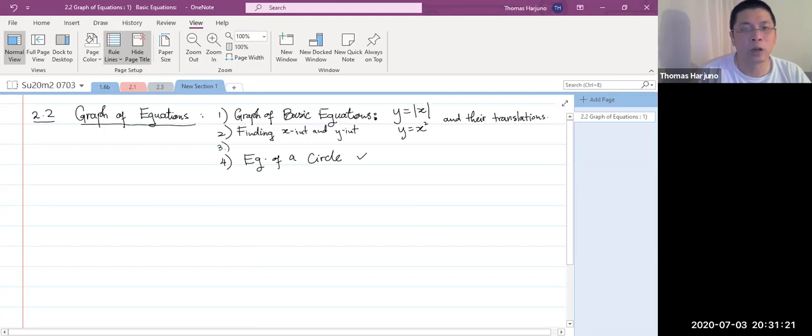And the third one is symmetry, reflection, and symmetry, which we may need to do on Monday.